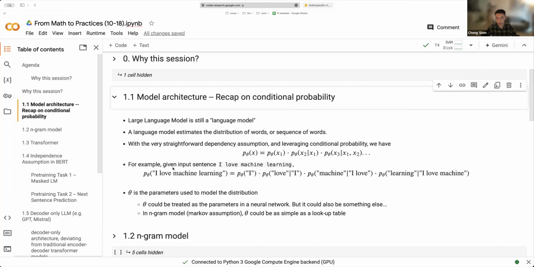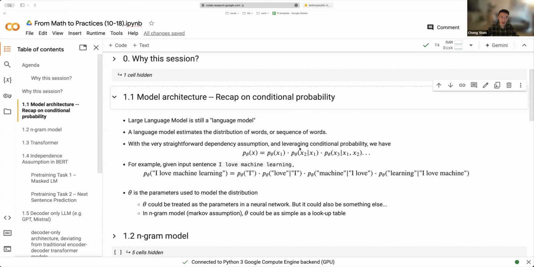For example, the likelihood of the whole sentence "I love machine learning" could be written out using the conditional probability rule as the likelihood of token I times the conditional probability of token love depending on I, and we recursively do so, writing it out in an autoregressive fashion.